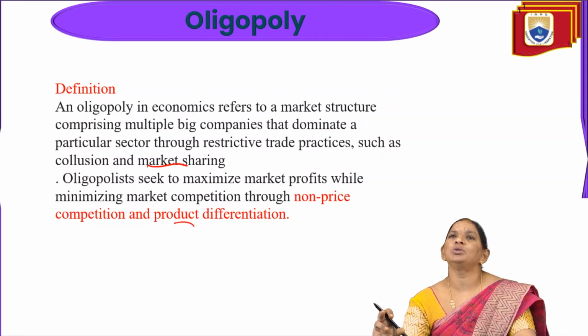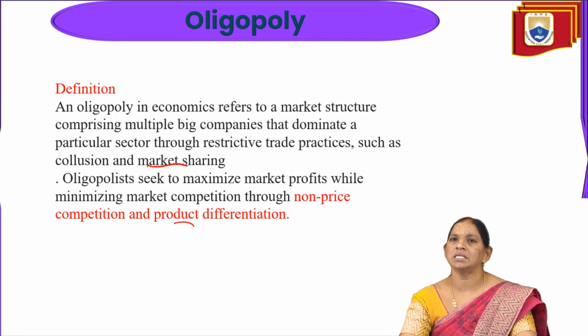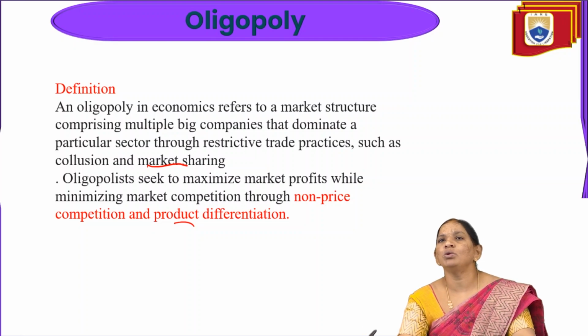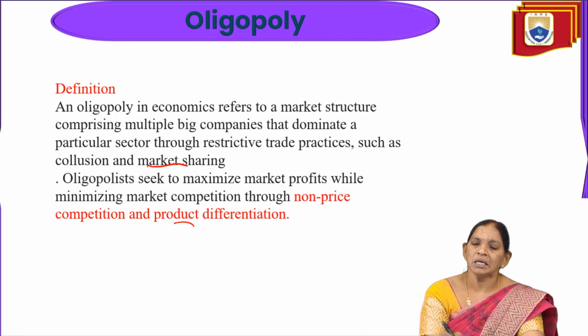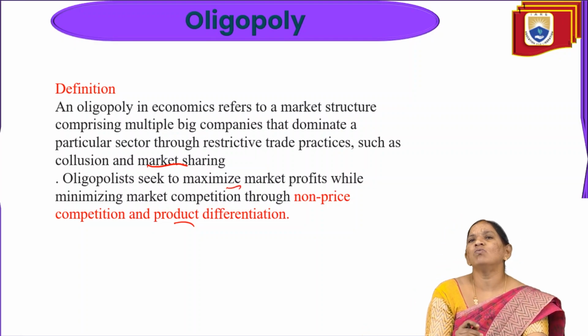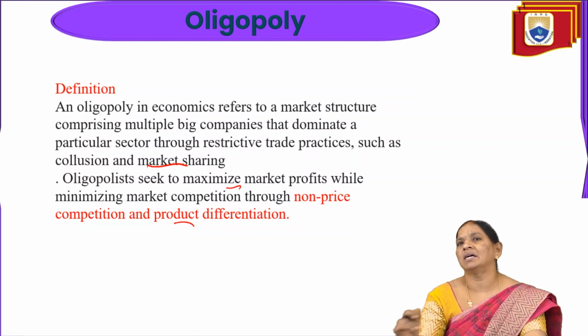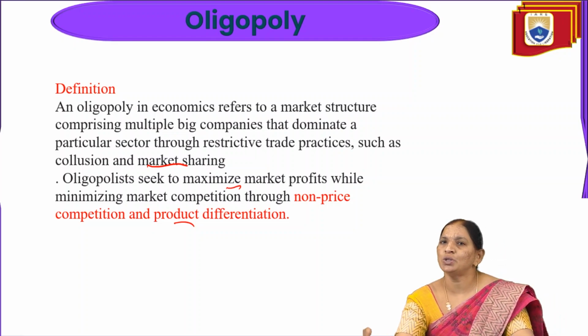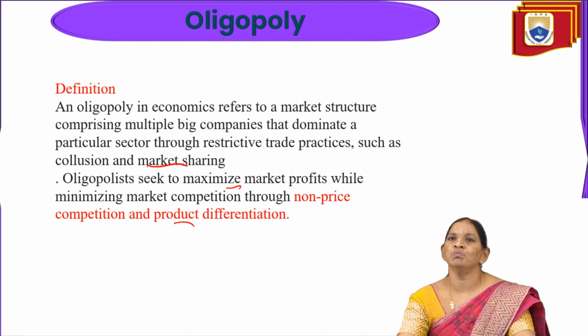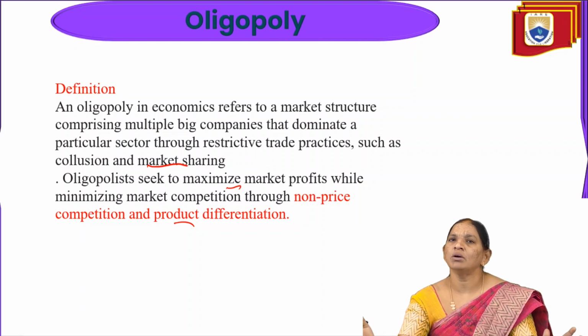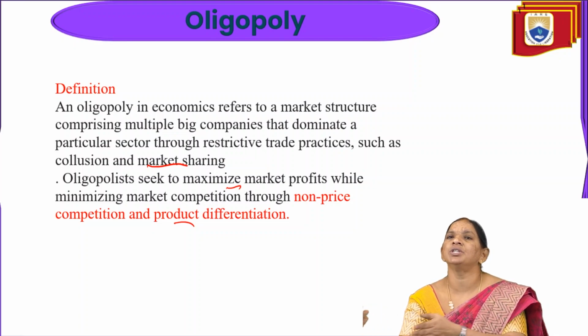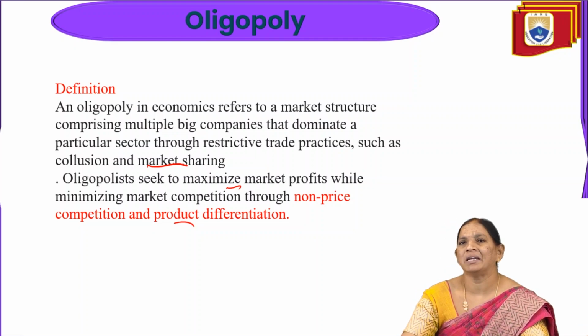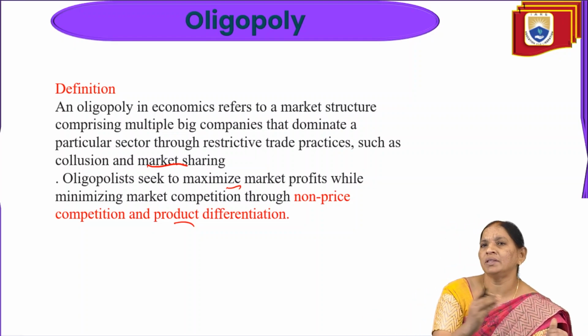How will these 3 or 4 or a few firms dominate the market? They want to increase profits, but they want to minimize competition, with competition being less and profits being more. When only a few firms are there, they will share their market demand, so one will not collide with another.